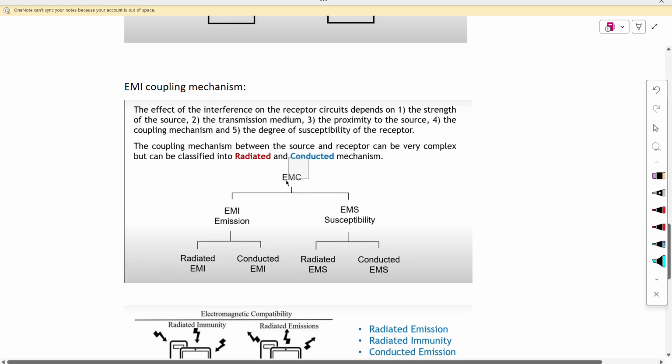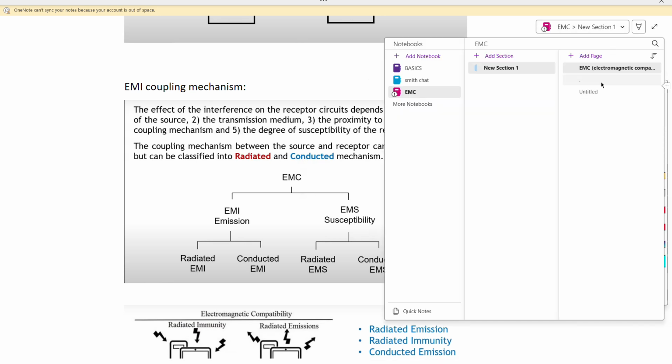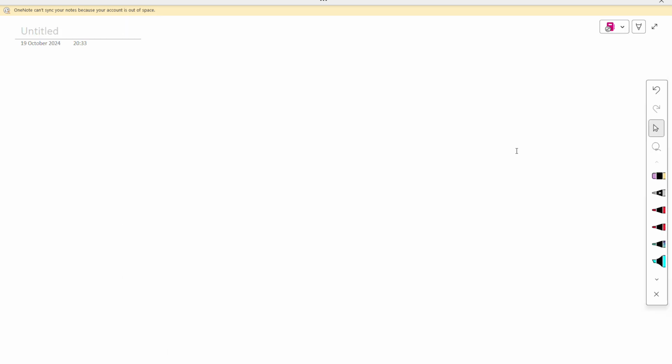As I said, EMC is classified into emission and susceptibility, and now further classified into radiated EMI, conducted EMI, radiated EMS, conducted EMS. What are these radiated and conducted terms? We'll look into this. So we have two electronic devices.